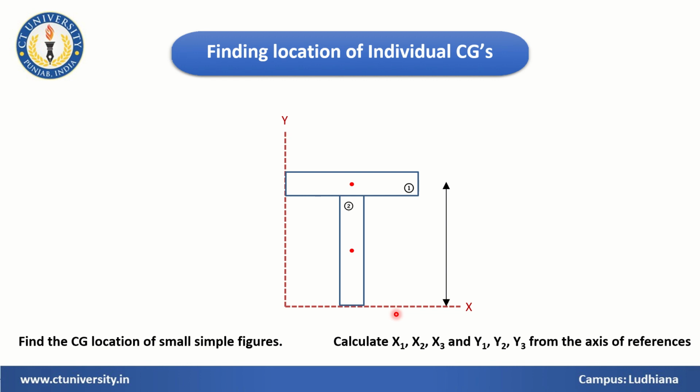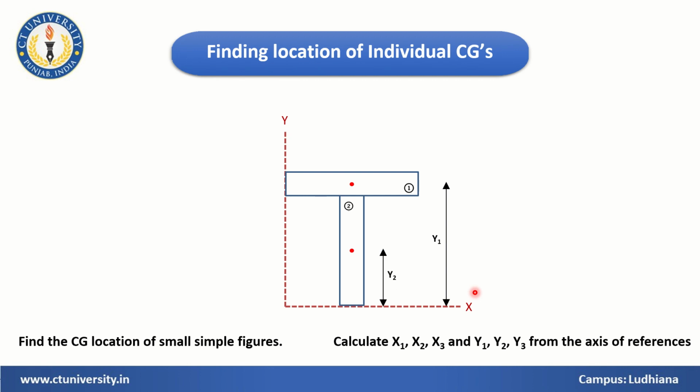Y1 will be the distance of this point from the base, right? So y1 will be this dimension of the rectangle plus half of the width of the rectangle. If this is 20 mm, this will be 10 mm, right? Half of this dimension plus this entire dimension. So this is y1 and this is y2.